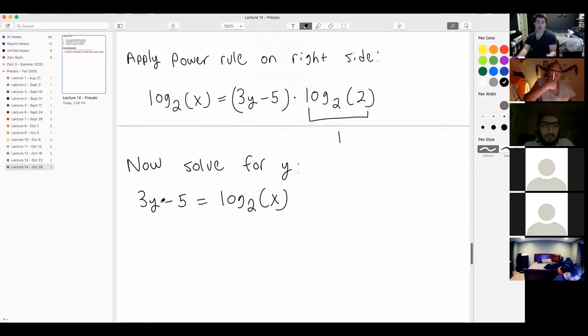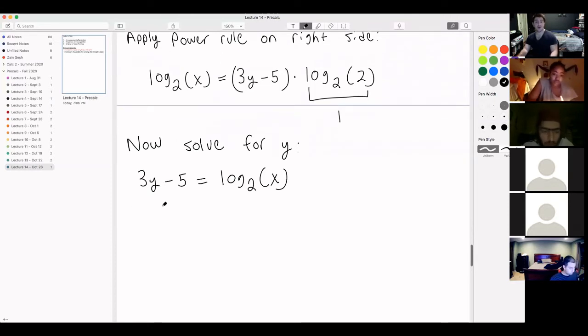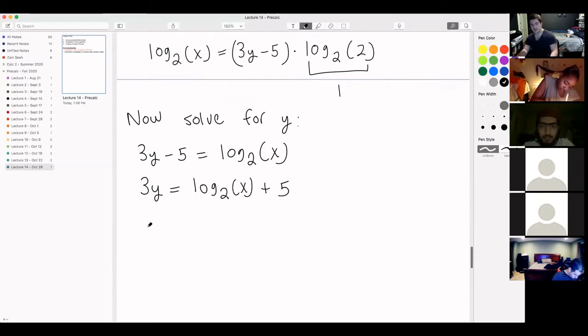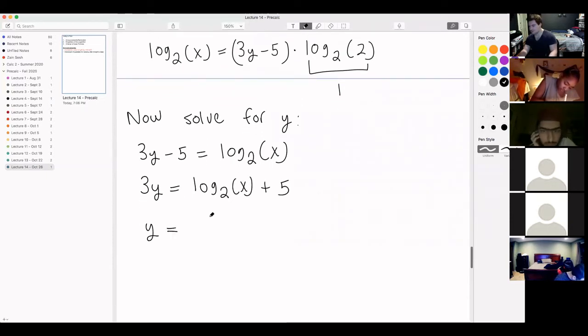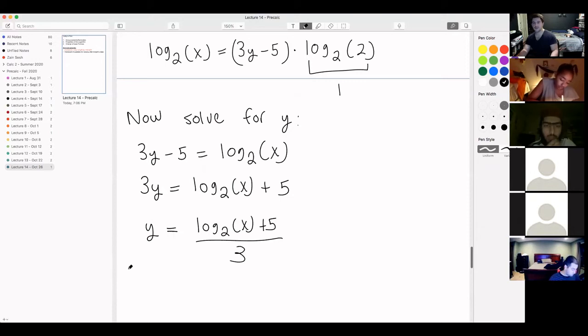Good, now just algebraically manipulate this so we can isolate y, which means just solve for y. So we will have 3y is equal to log base 2 of x plus 5. And now divide both sides by 3. This will be log base 2 of x plus 5 all over 3. And you're done.